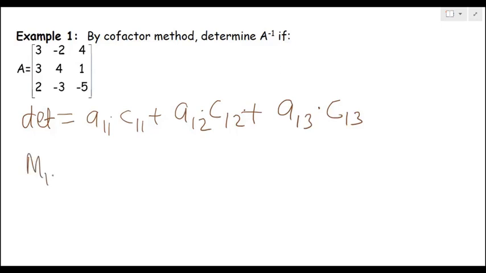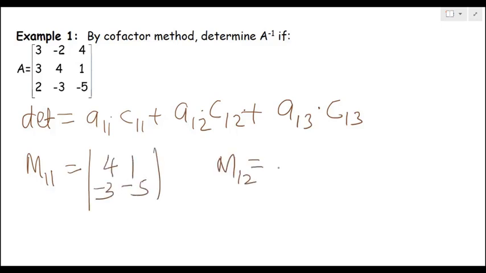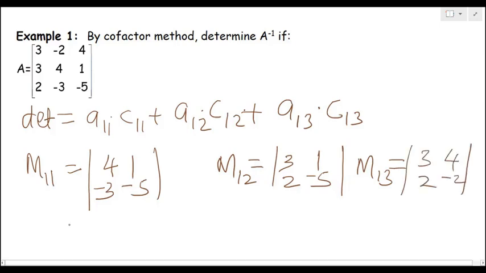To calculate the cofactors C11, C12 and C13, we first calculate the minors. We have the minor M11 is equal to the determinant of 4, 1; minus 3, 5. M12 is equal to, we delete row number 1 and column number 2, and we are left with 3, 1; 2, 5. And M13 is equal to, we delete row number 1 and column number 3, we have 3, 4; 2, minus 3.